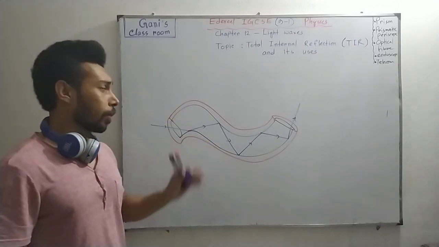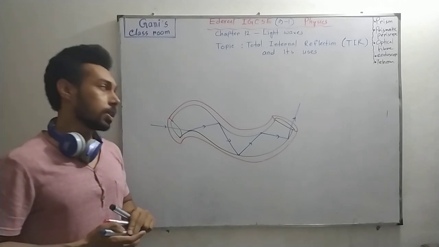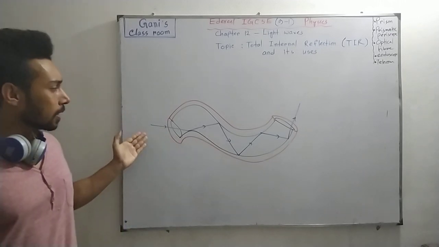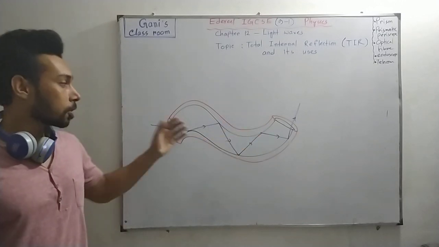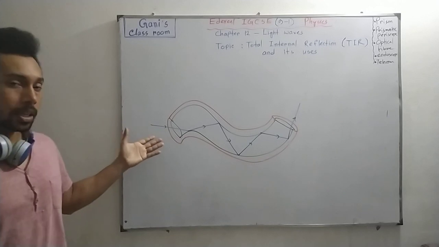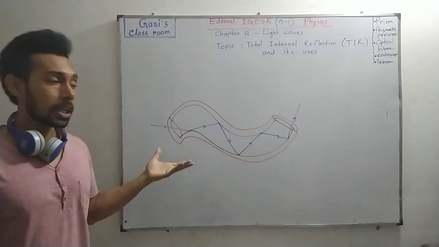Optical fibers are used in telecommunication, where the signal is passed along the fiber as pulses of light, rather than sending signals as electrical signals through telephone lines or electrical wires.